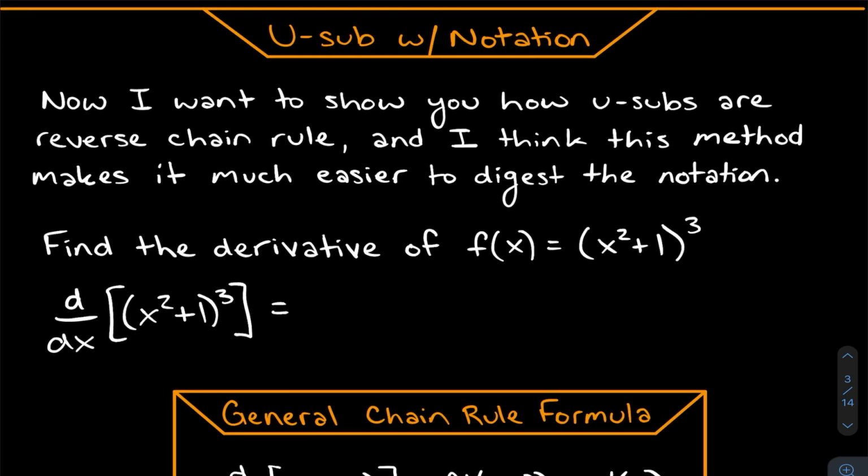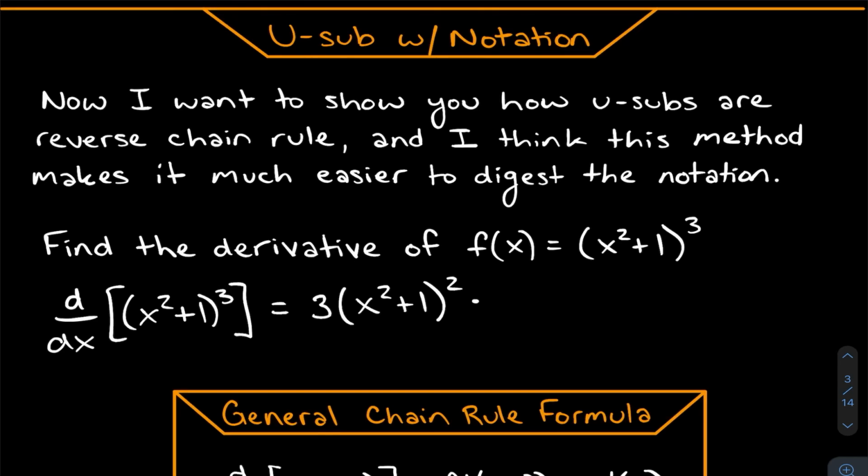And so we're going to pull that 3 out front, just like it's power rule, and we're going to leave the inside alone. And then we're going to replace the exponent with a 2. And then we multiply by the derivative of the inside. That's what chain rule says, right? We leave the inside alone to start off with, and we take a derivative like normal. We use power rule like normal.